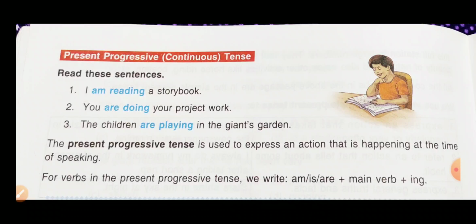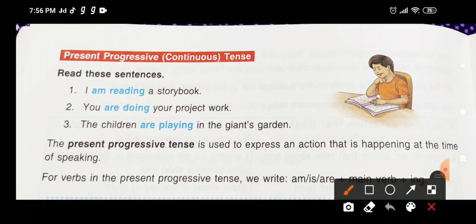For verbs in the present progressive tense, or you can say present continuous tense, we write is/am/are plus main verb, means first form of the verb, plus ing. As you can see in the sentences, in the first sentence after subject I they have used am, then first form read, and then ing.